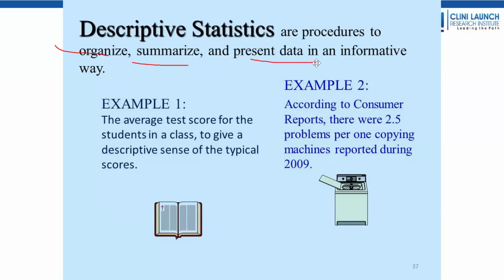So if I want to know the overall height of your sample, overall weight of your sample, and body mass index of your sample, then you are doing some descriptive statistics and you're telling me. So the average height of my sample is 150.5 centimeter, that's something you will say.